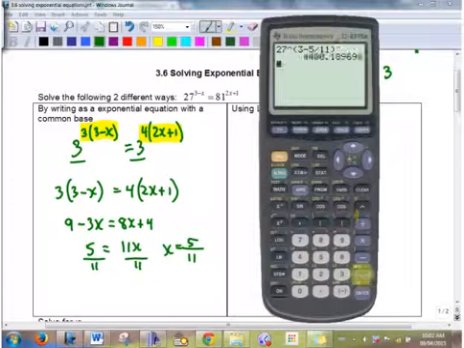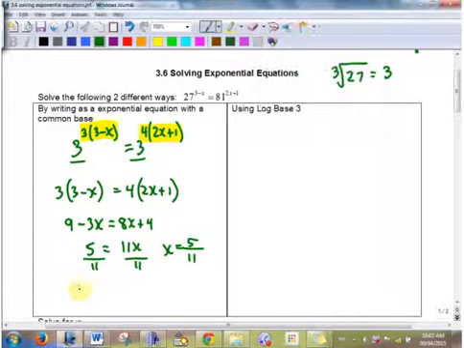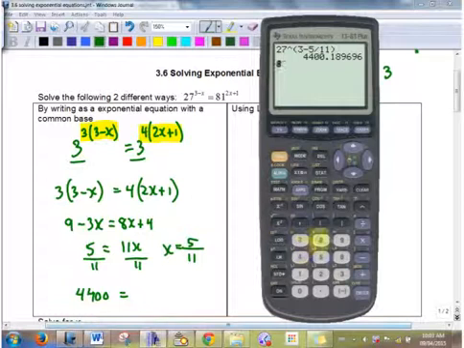What is that? 4,400. So the left side is 4,400. Well, that better be equal to the right side, or that's not x.